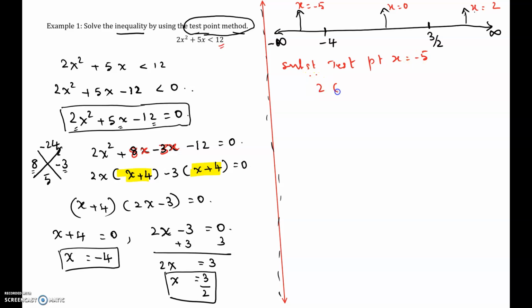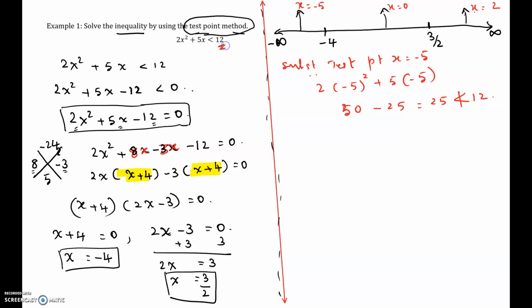We get 2 times negative 5 squared plus 5 times negative 5. So it will be 25 times 2, which is 50, minus 25. It is equal to 25, which is not less than 12.